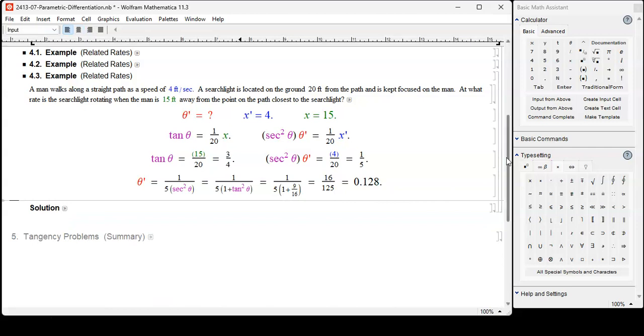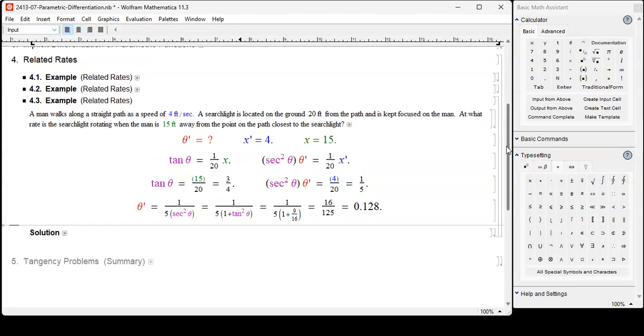Let's come back here. Sorry about an algebra mistake here. Secant squared theta prime is 1/20 x prime. Plug the numbers in, x prime is 4, and then we want to solve for theta prime, so divide away secant squared. So that secant squared goes to the denominator, 1 over 5 secant squared.